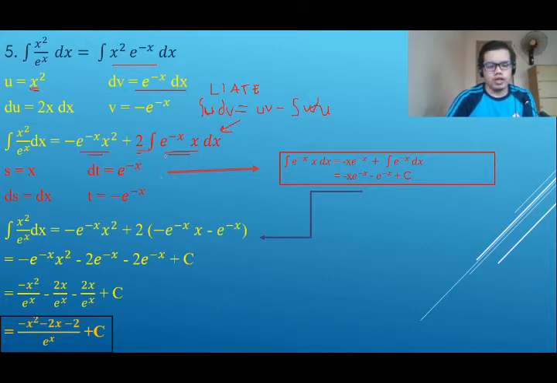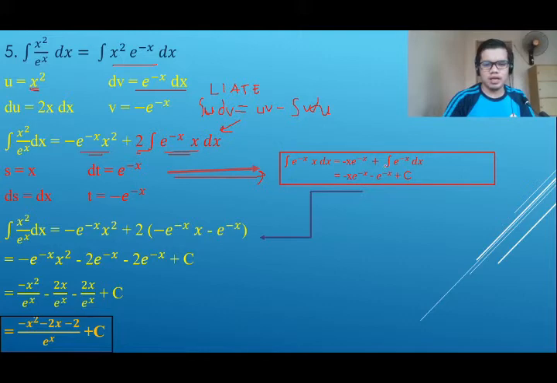Now to solve for the integration of this equation, we proceed here. So the integral of e to the negative x times x dx will now be equal to negative x e to the negative x plus the integral of e to the negative x dx. The integration of e to the negative x is negative e.